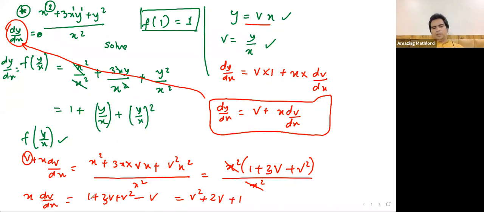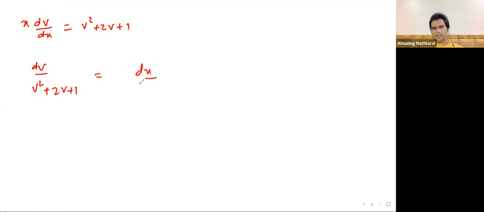So we got until here: x dv by dx is v squared plus 2v plus 1. Now we need to solve this equation. Separate the variables: dv upon (v squared plus 2v plus 1) equals dx upon x.